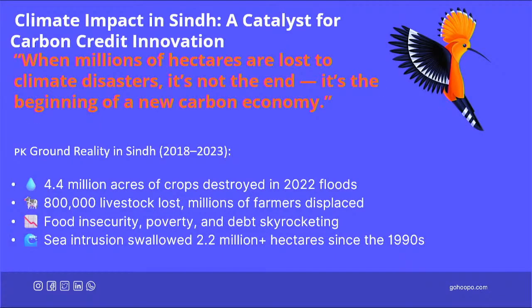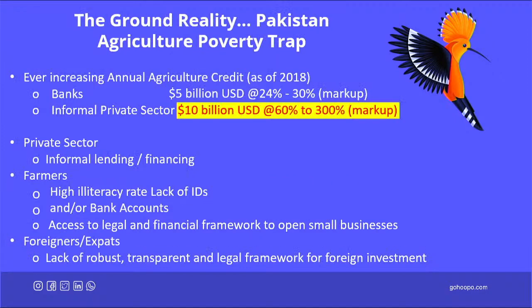And the climate impact, particularly in the context of Sindh agriculture, is huge. But if we look at the disaster we are having due to climate change, it means a new carbon economy. This is how we are looking at it. And we know that it's a $16 billion agriculture credit market, where markups go up to 300%. Agriculture credit is the main source of poverty.